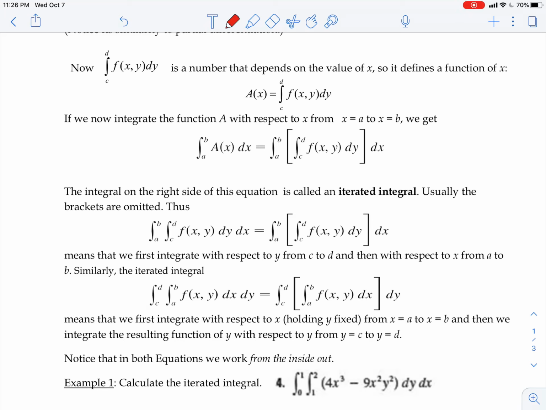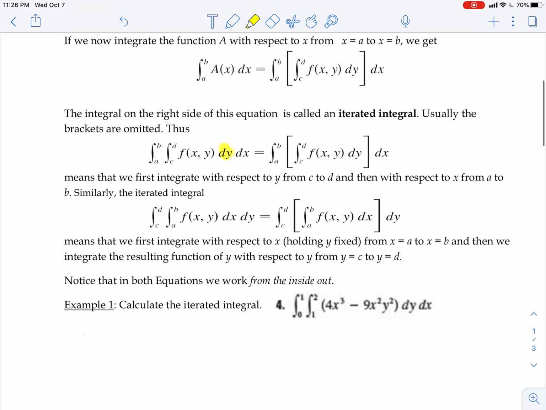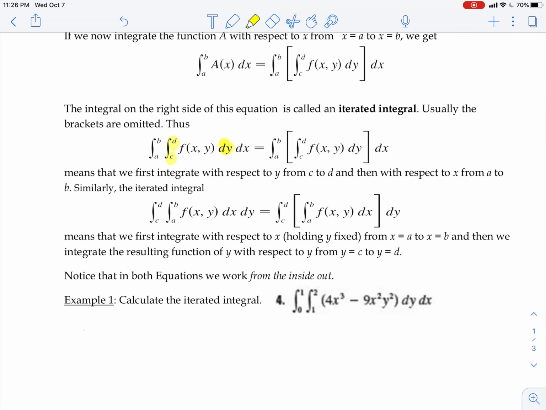What we typically do is whatever is on the inside, in this case dy, we're going to integrate with respect to that first. So the inside integral, from c to d, corresponds to your y values because dy comes first. If dx came first, then the integral would be defined by your x values from a to b.